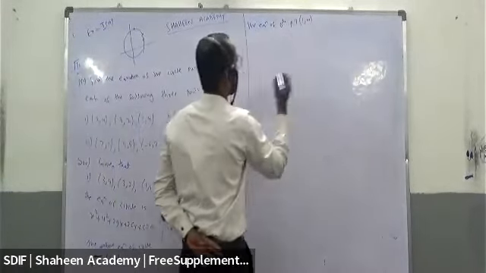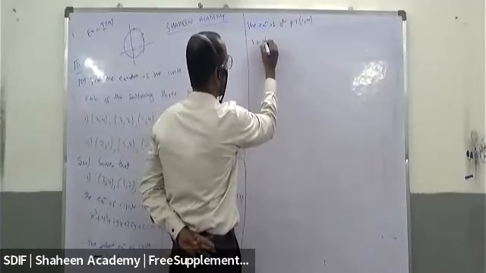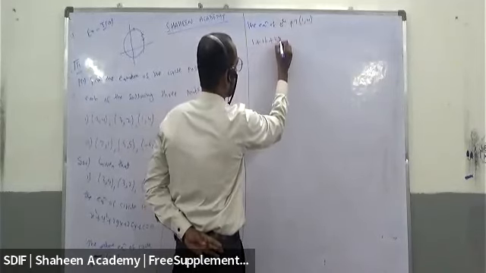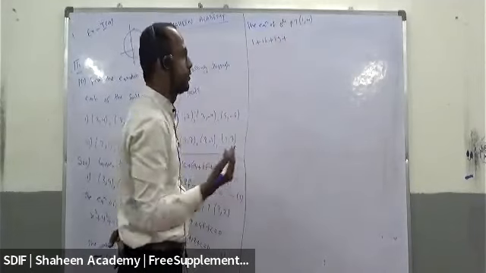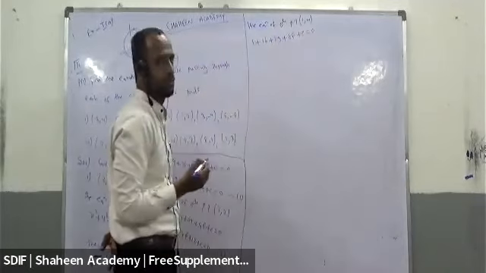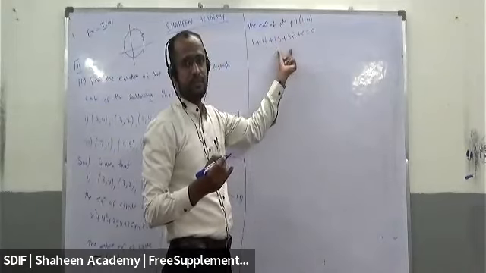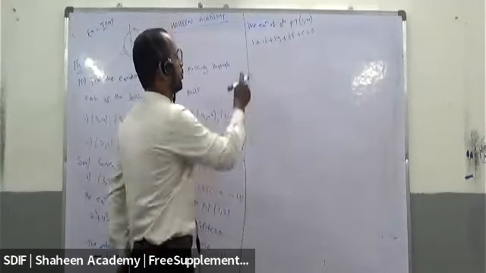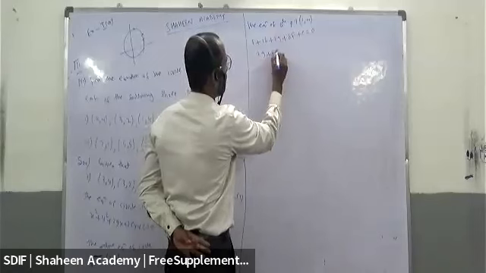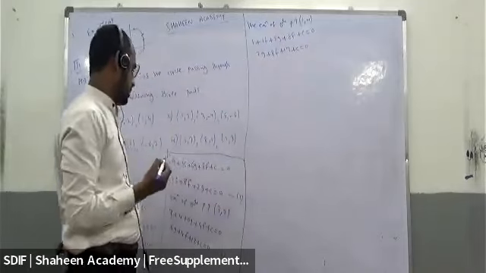So what are we getting? x square, 1 square is 1, plus y square, 4 square is 16, plus 2gx, in the place of x is 1, 2 times 1 is 2g, 2fy, 2 times 4 is 8f plus c is equal to 0. By substituting these points in the place of x and y, we get this equation. So 16 plus 1 is 17. We write it in a proper way: 2g plus 8f plus 17 plus c is equal to 0. This is our equation third.